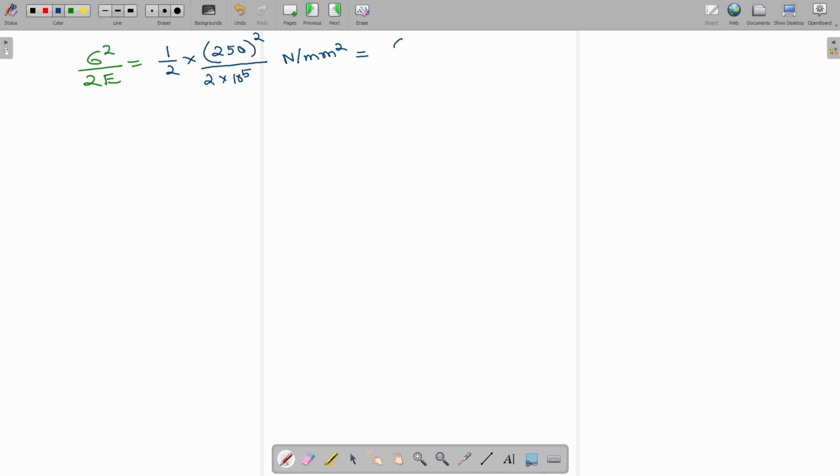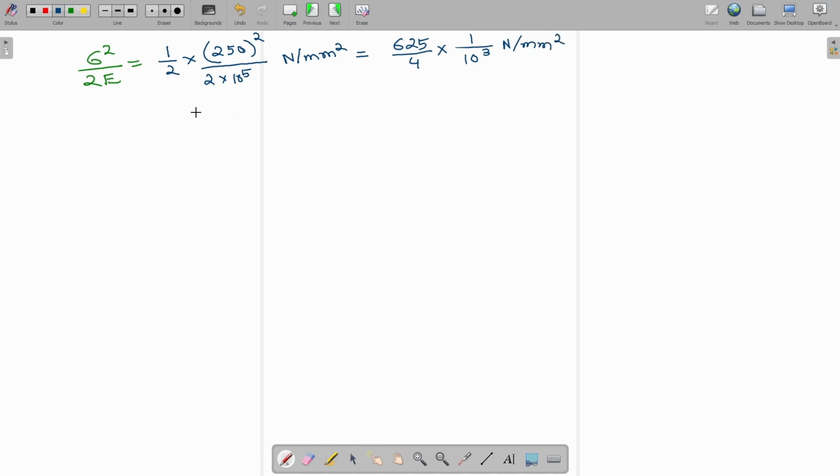After solving we get 625 divided by 4 into 1 by 10 to the power 3 Newton per millimeter square.